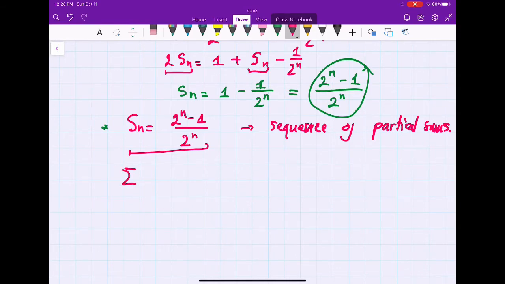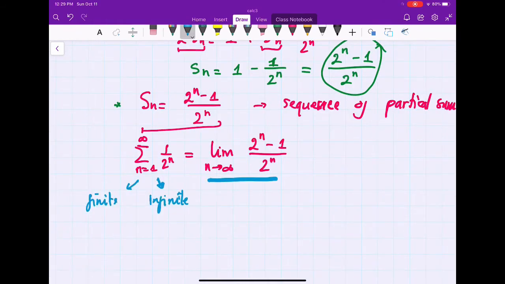The series n from 1 to infinity, 1 over 2 to the n is equal to the limit of 2 to the n minus 1 over 2 to the n as n approaches infinity. You have the limit of this guy, right? So I think it's pretty simple. You use similarity because you may ignore 1 on the top.